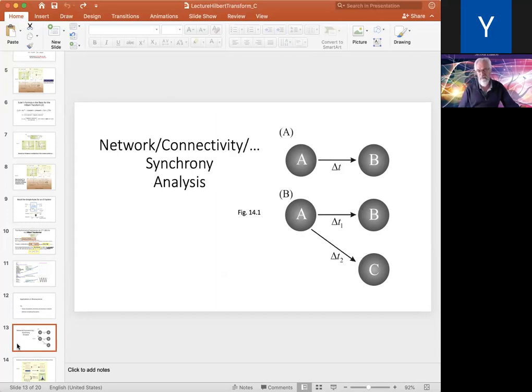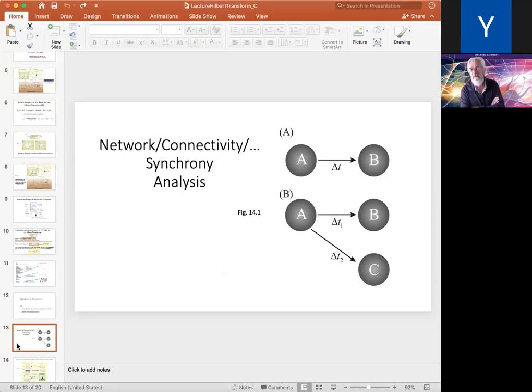I want to point out the first figure of the chapter, chapter 14, which we are not going to discuss in detail, but this figure basically drives home the issue that a lot of people do these phase analyses, and they do analyses of correlation or coherence, and then they derive more or less the network connectivity of that.